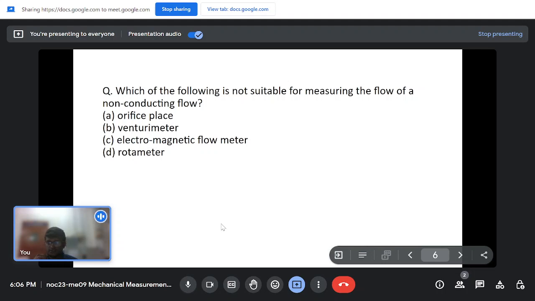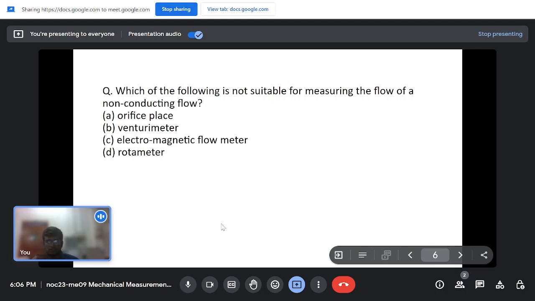I think this is a fairly simple question. They asked which option cannot be used to measure the flow of a non-conducting fluid. So you have A, orifice plate; B, venturi meter; C, electromagnetic flow meter; and D, rotameter.